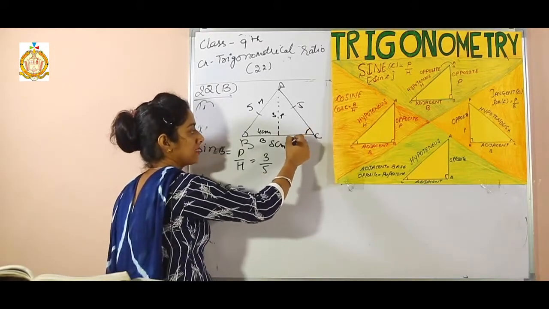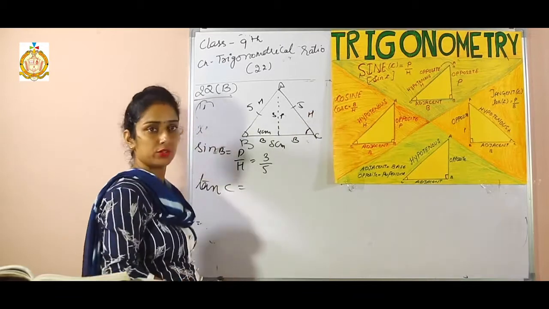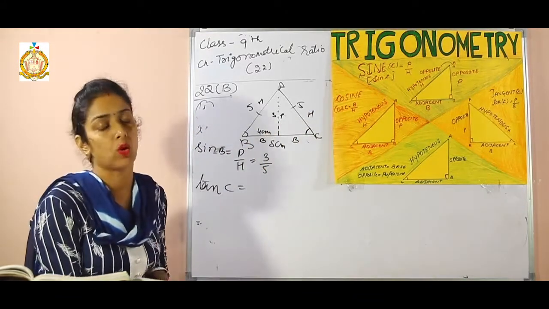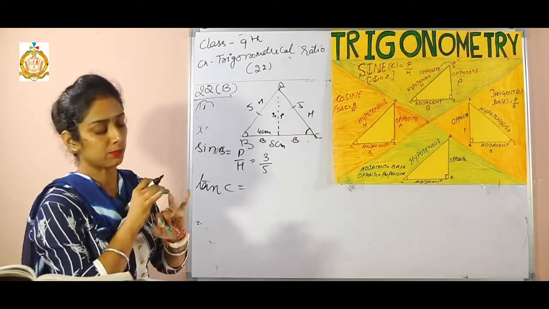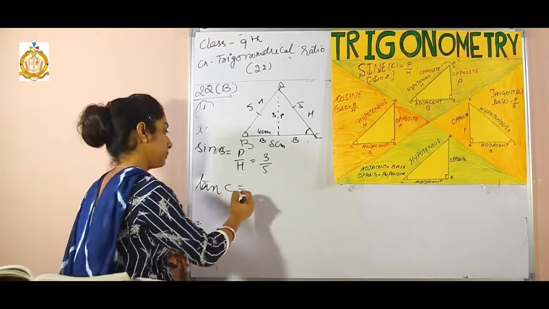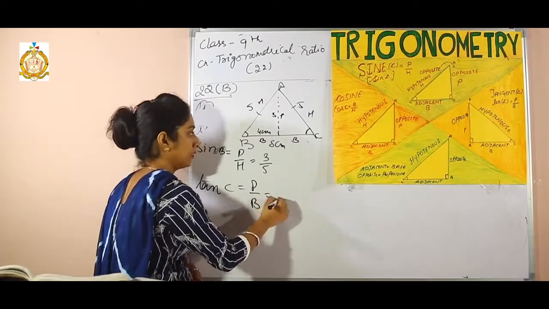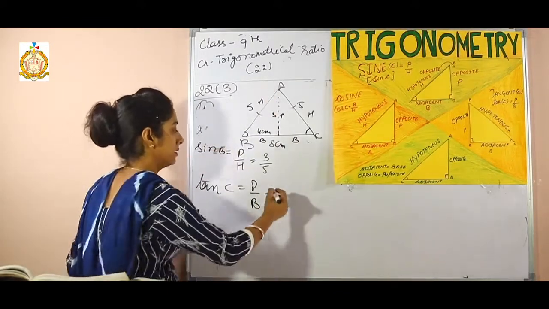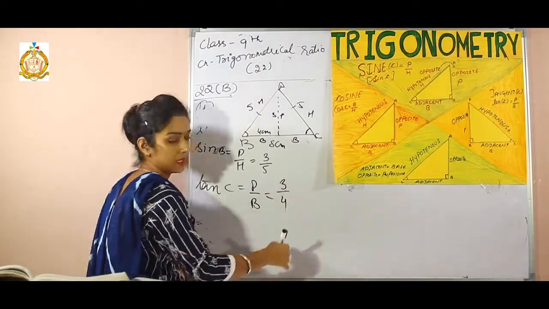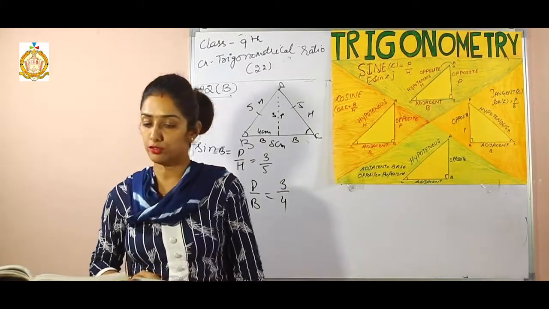In this triangle, this is the base, this is the hypotenuse, and this is the perpendicular. Now what is tan? P over B. Now what is P? P is 3 and what is B? That is 4. 3 over 4.